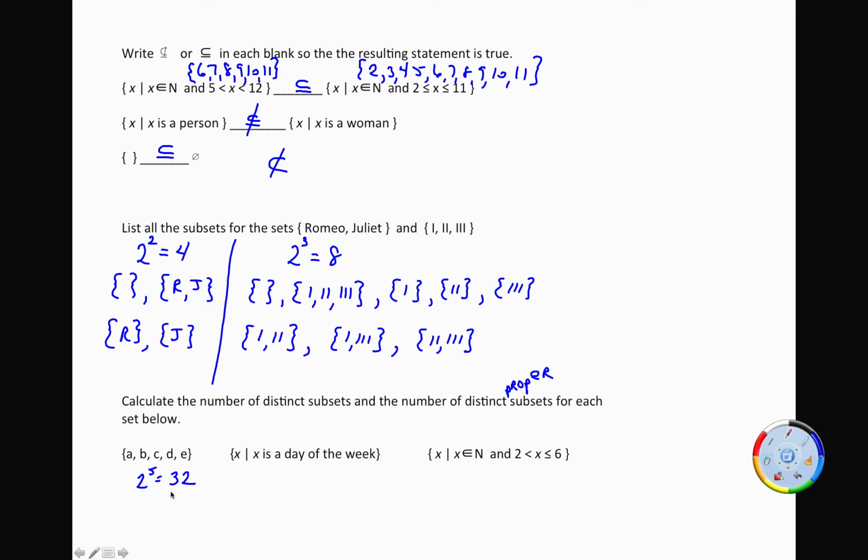So there are 32 subsets. And look at the way the subsets work. The empty set and the set itself is always a subset, and this is not a proper subset, but every other one is a proper subset. So we can always find the number of proper subsets by subtracting 1. So 31 are proper.